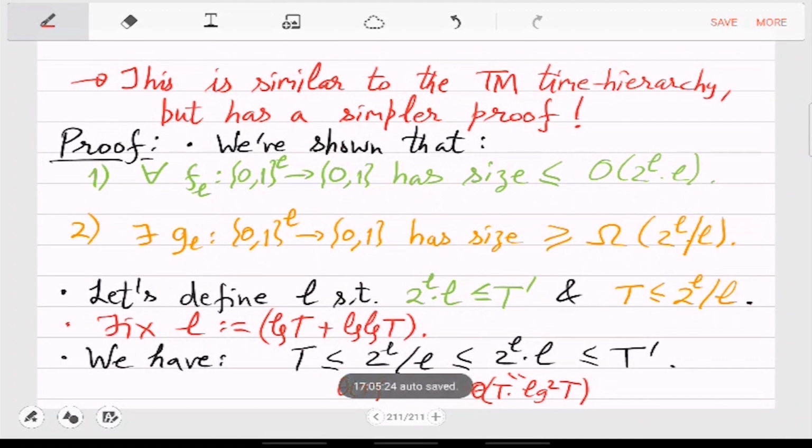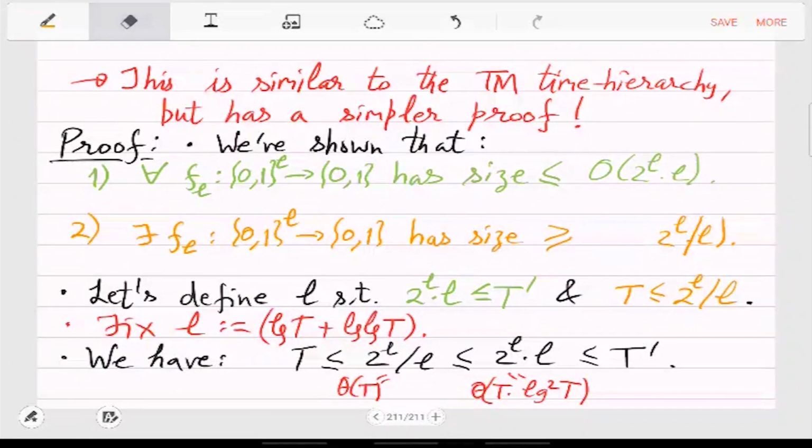Okay, you can find an FL that requires more than 2 raised to L by L size, yet it is computable in 2 raised to L times L. Okay, so that will separate size T from size T prime.